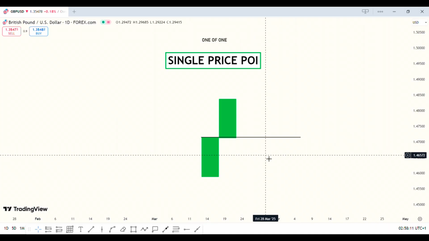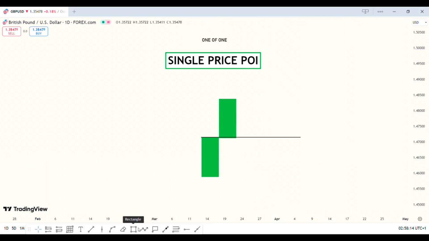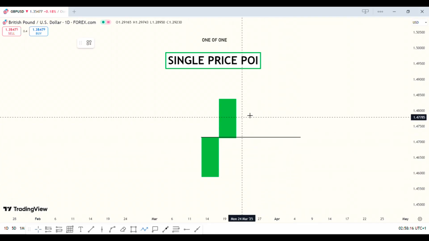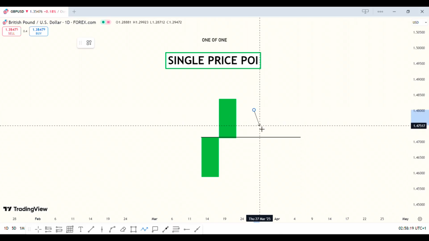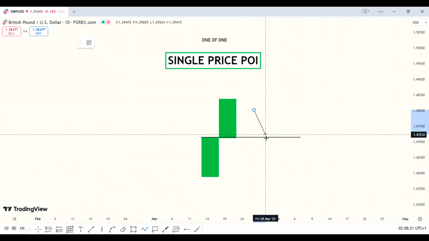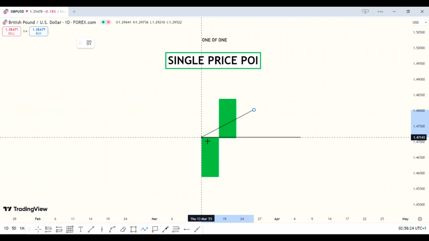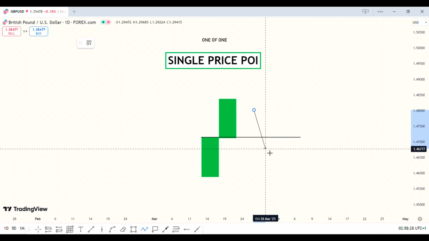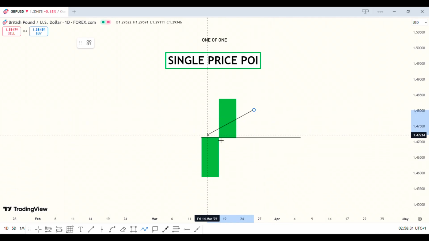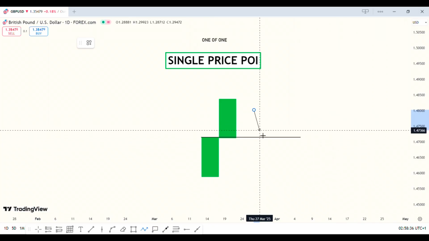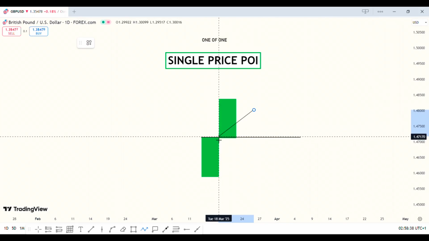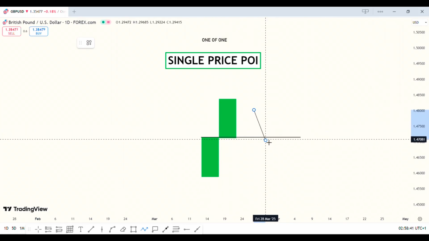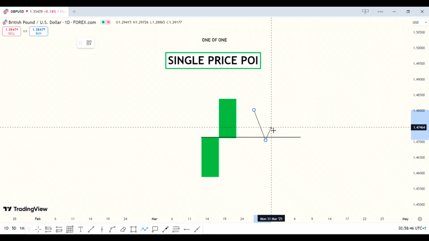When I say rejection, what we want to see from price is tapping into that single price, the closing price, and failing to close below it. Let me repeat myself: we want to see price tapping into the closing price and failing to close below it. So when price taps into it, price closes above.